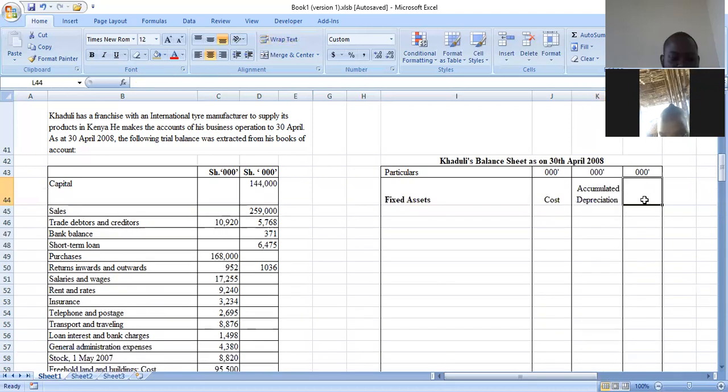And then the outer column, we have the book value.